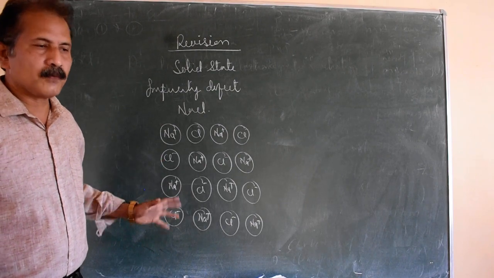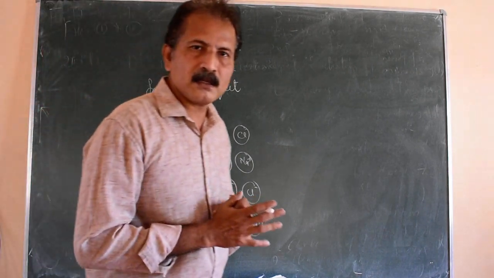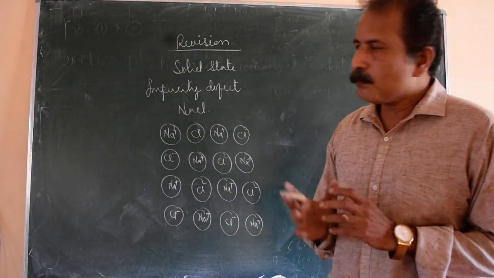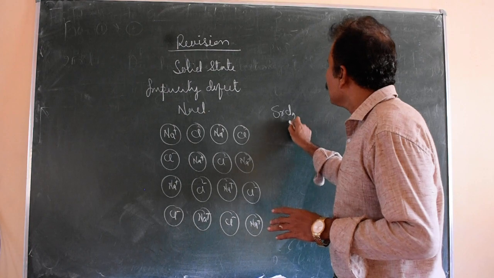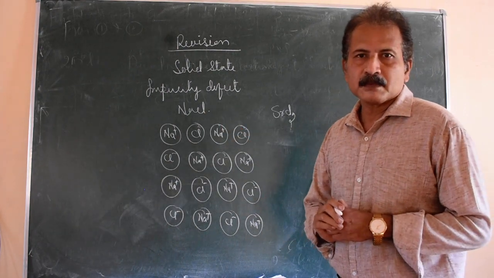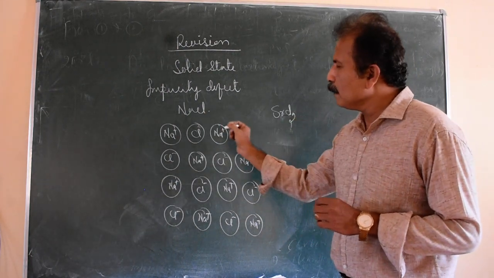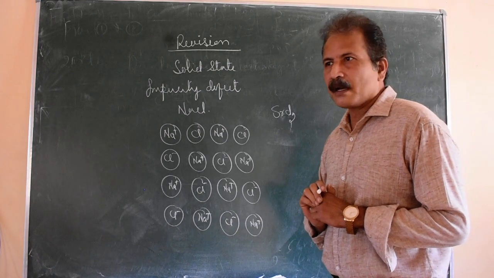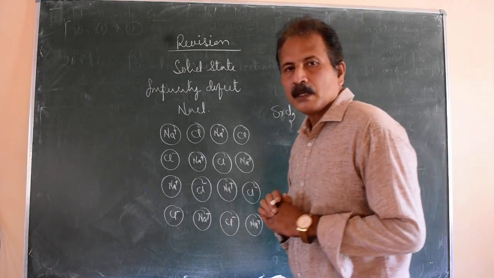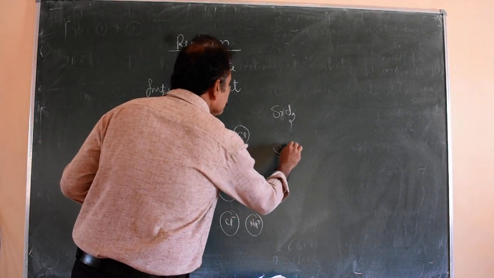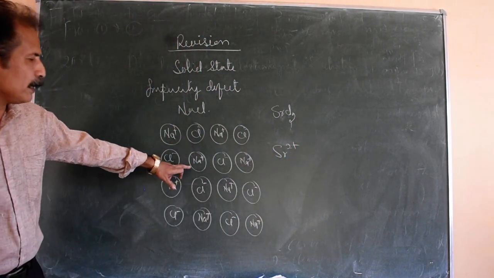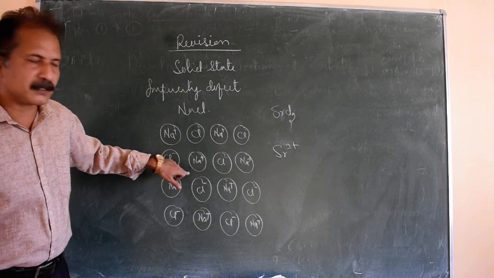Now suppose when I am crystallizing NaCl from seawater, suppose strontium chloride creeps inside. A bit of strontium chloride comes inside this crystal. What will happen? Strontium ion, which is Sr2 plus, will occupy one of the sodium ion sites.